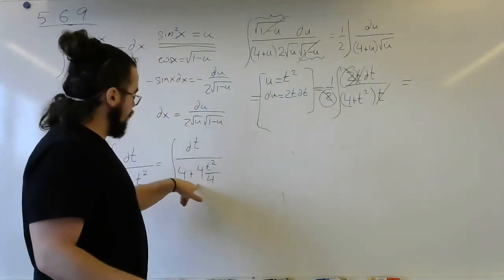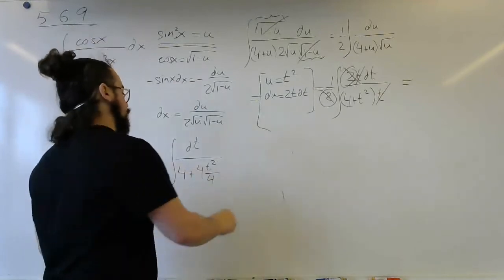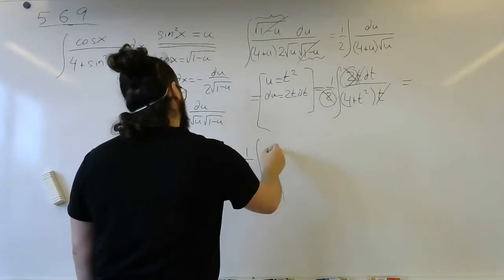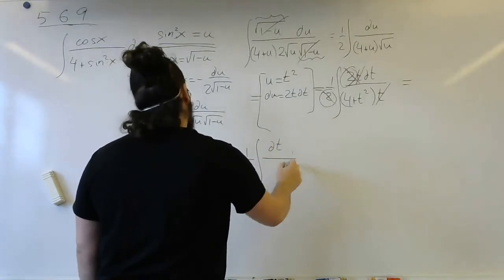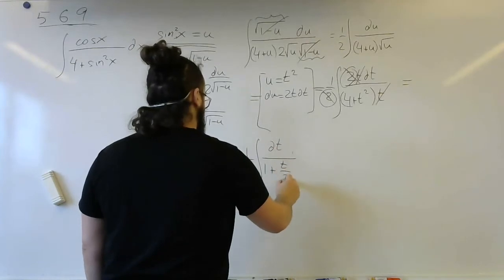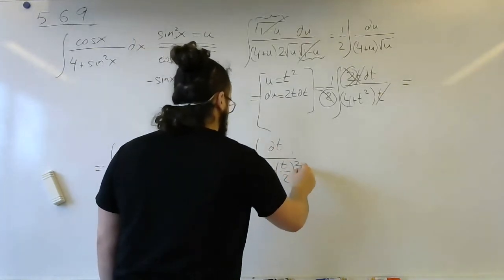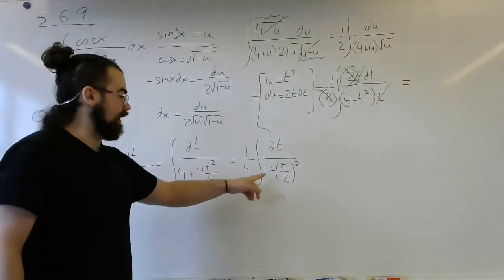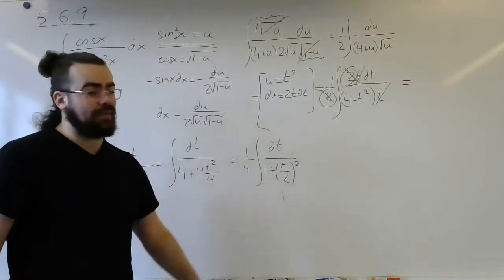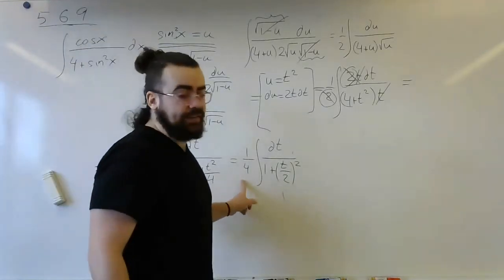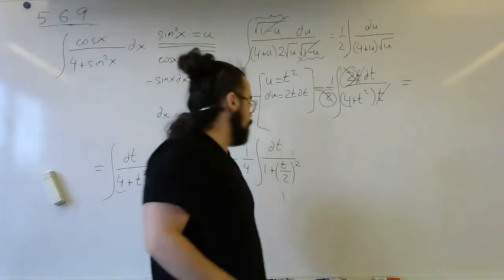And so I'm going to take these 4 out of the integral. The interesting part is that t squared over 4 is t halves squared. Now, this is 1/2 times 1/2, so I'm going to put one of the 1/2s inside.